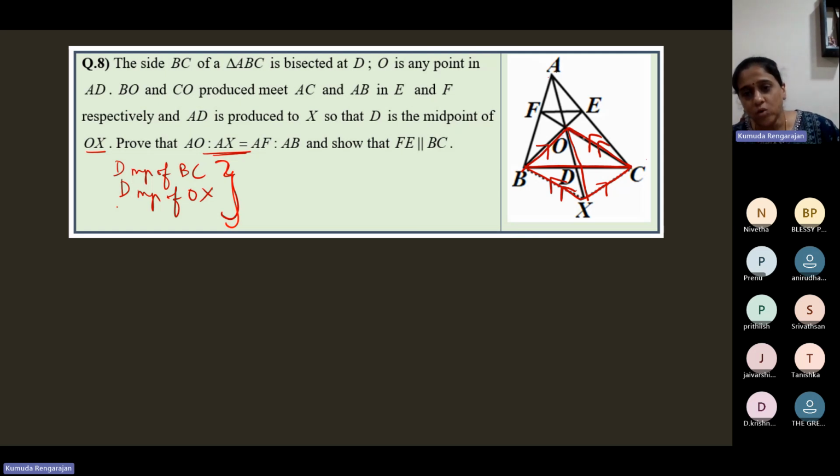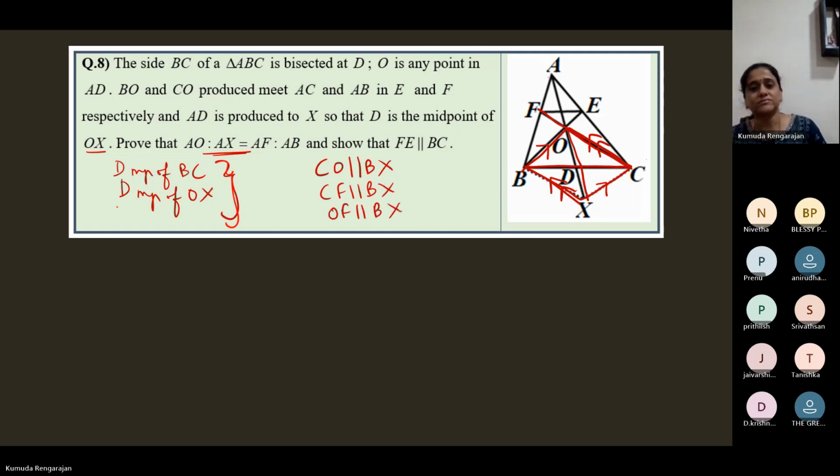Now, if OC is parallel to BX, now the CO is produced, no? So CF is also parallel to BX. Opposite sides parallel, we got CO is parallel to BX. But CO is produced, so CF is also parallel to BX. What is the other part there? OF. OF is also parallel to BX.